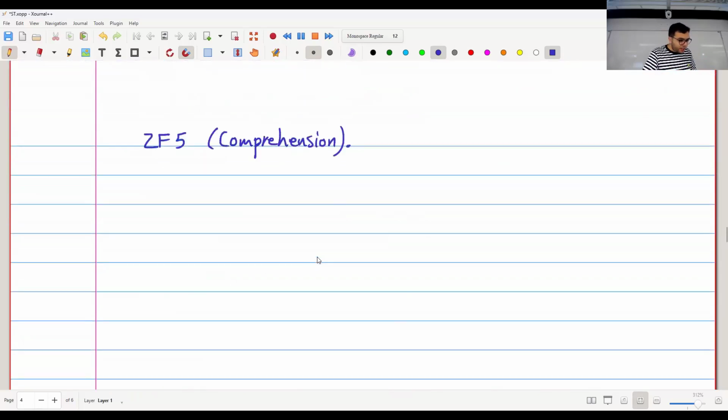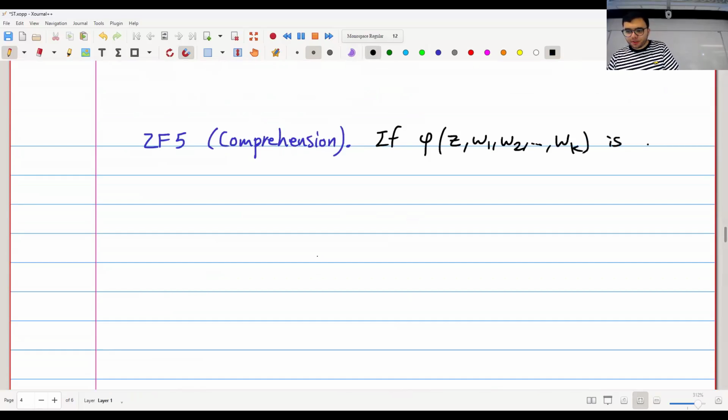Okay. So how do I write comprehension? Well, I want to say that I have a formula. So I want to write something like this. If phi is a formula, and I'm going to say that this phi has some parameters. So let's say phi of z, w1, w2 to wk is a formula, of course, in our language L, where the only free variables are basically z and w1 to wk.